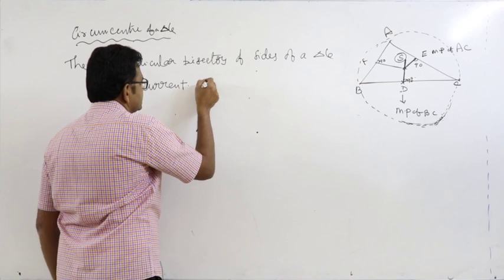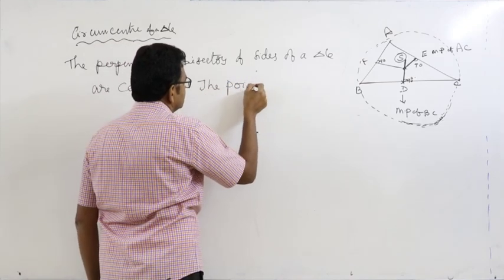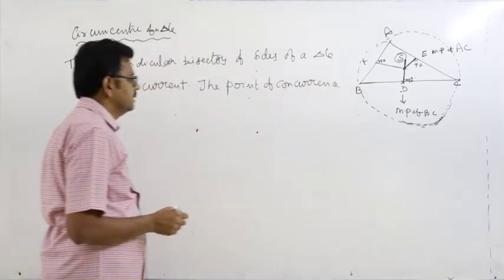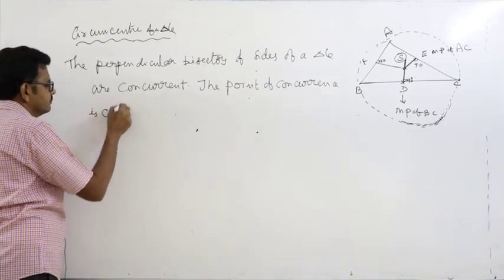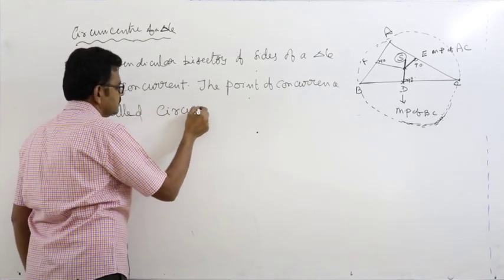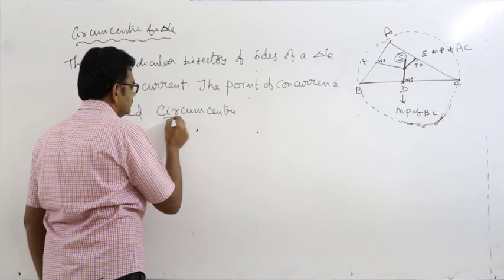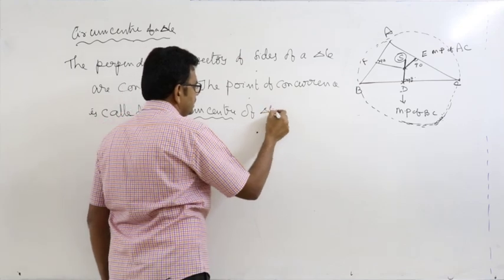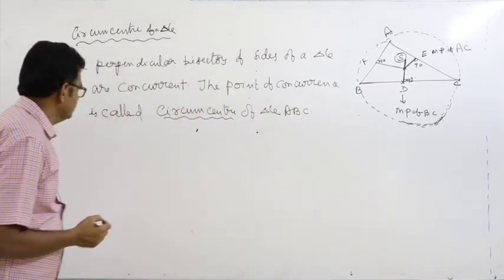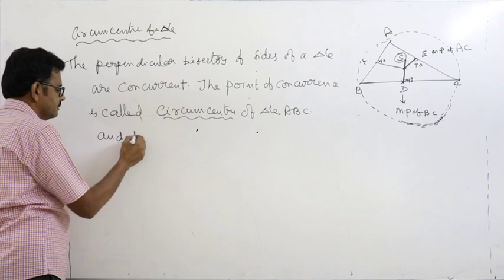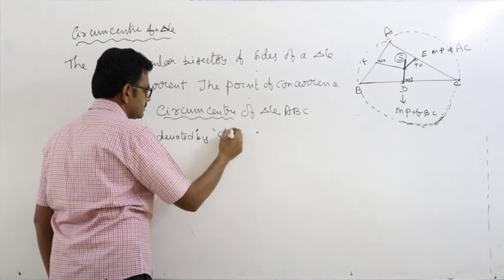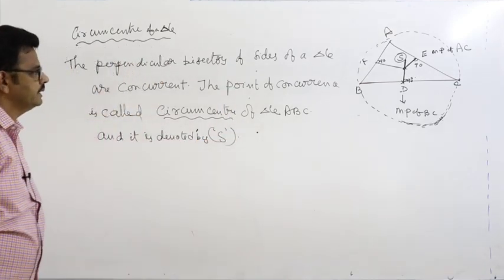The point of concurrence is called the circumcenter of the triangle ABC, and it is denoted by S, the circumcenter.